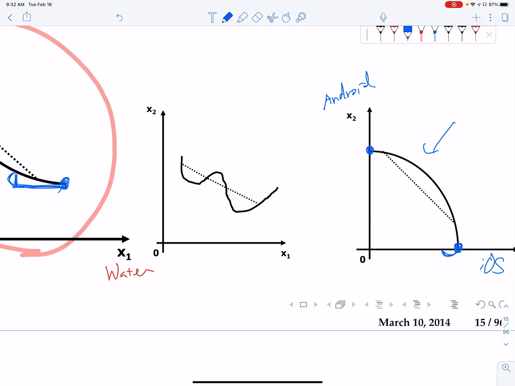So let's say you're addicted to using a mobile phone, a smartphone, right? So if you have an iPhone initially, and I take away some hours of using the iPhone, then since you're addicted to using the smartphone, you get some withdrawal effect, right?